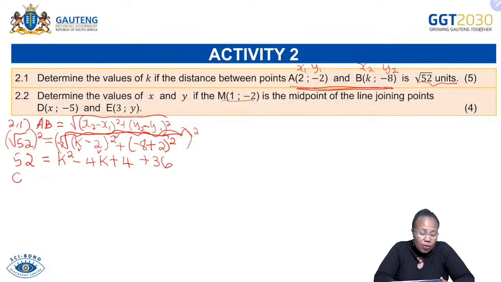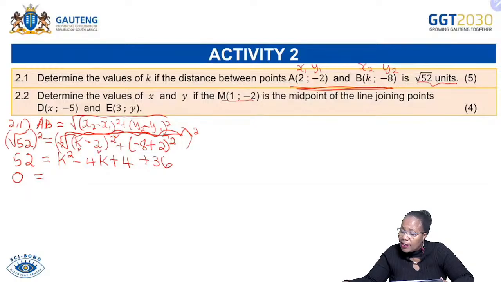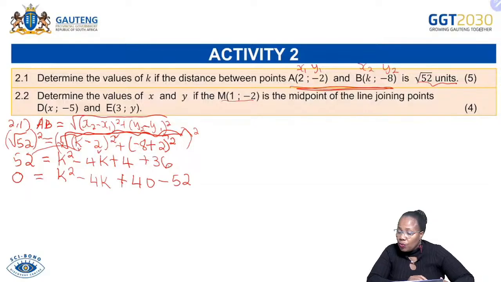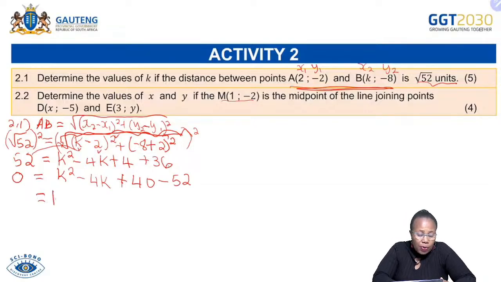And then now 0 to this side. Now we are adding like terms, grade 12, on the right hand side. We have k squared minus 4k, and then 4 plus 36 is 40 plus 40, and then we bring 52 to the side, it will be minus 52. And then we end up with k squared minus 4k.